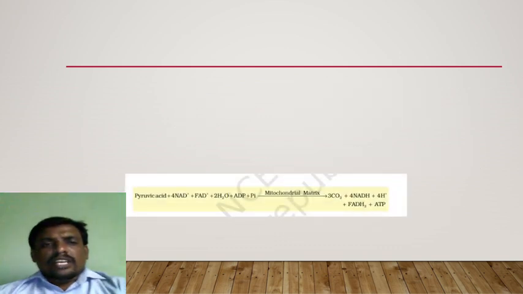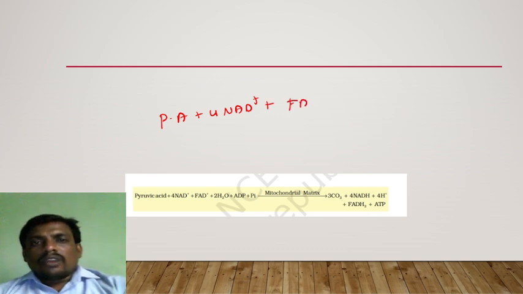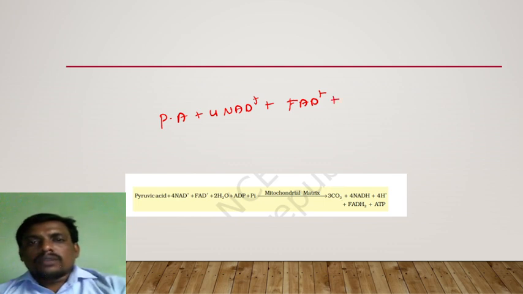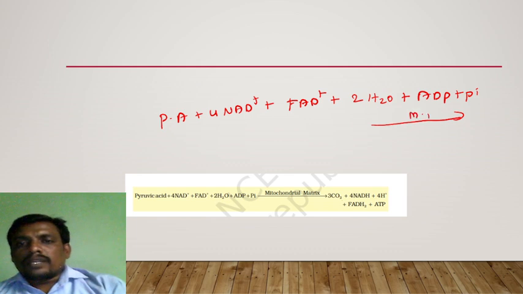In the reaction, we can see pyruvic acid plus 4 NAD molecules, which we have seen in the cycle, and 1 FAD molecule, flavin adenosine dinucleotide, plus 2 molecules of water plus ADP plus phosphate. In the mitochondrial matrix, this gives 3 CO2 plus 4 NADH2.